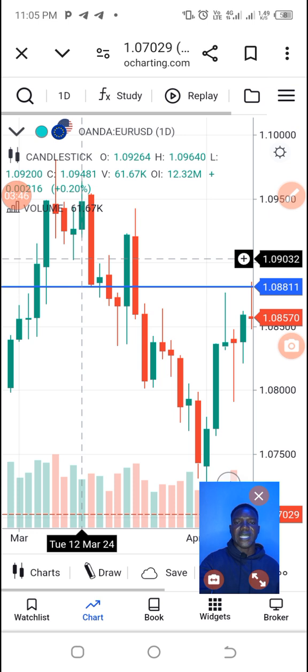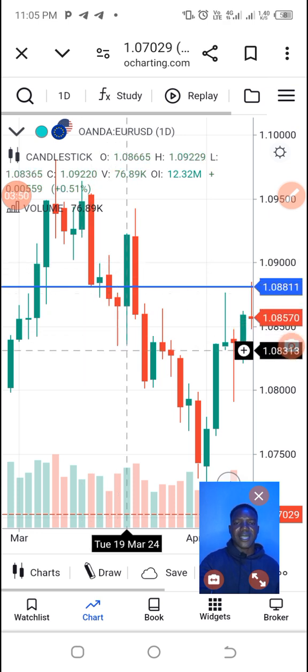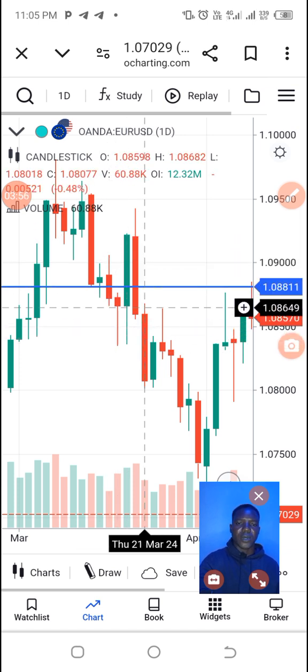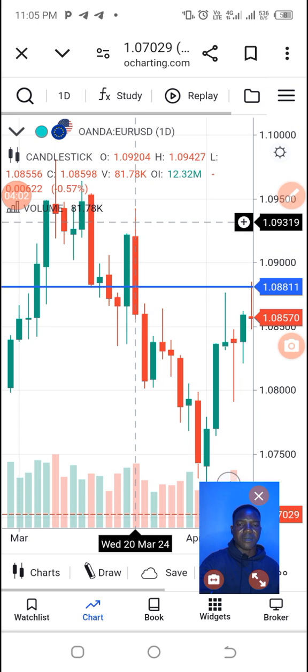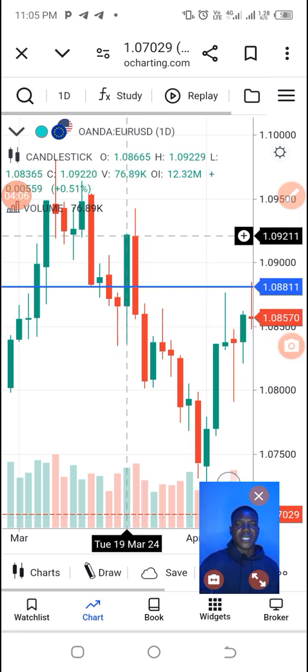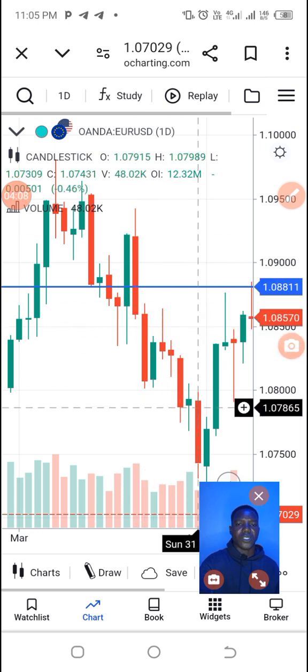So this is called an imbalance or an inefficiency. And then while it moved down a little bit, it rallied up quickly to fill the imbalance, and quickly it moves down. So when an imbalance is filled, we expect the market to turn in the other direction. That is exactly what happened here, and then it turned in this other direction.